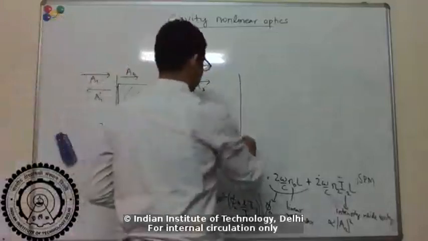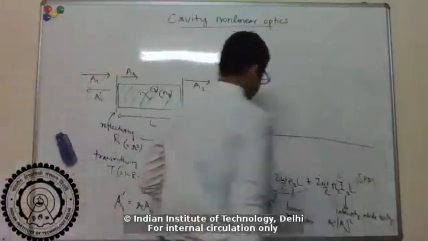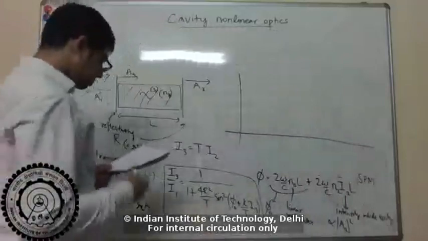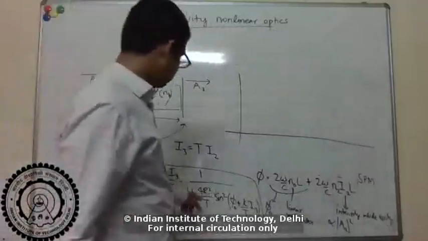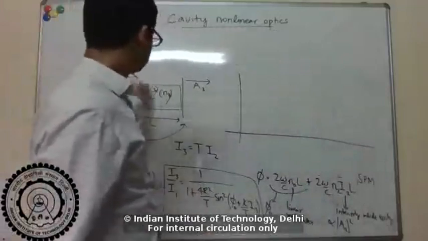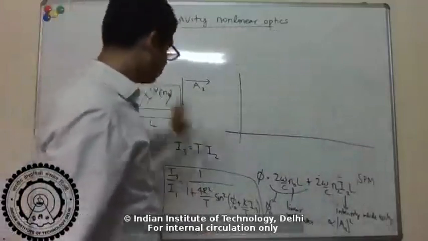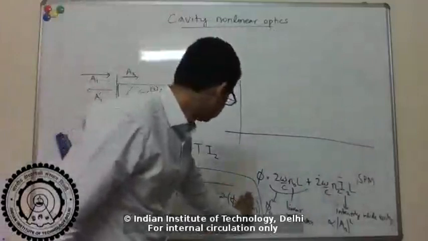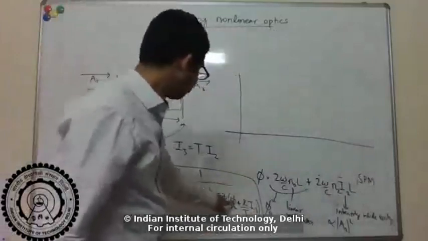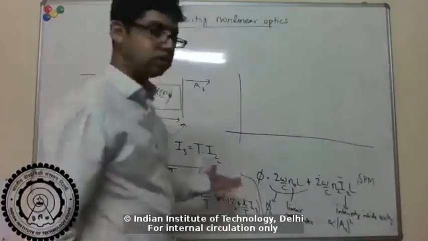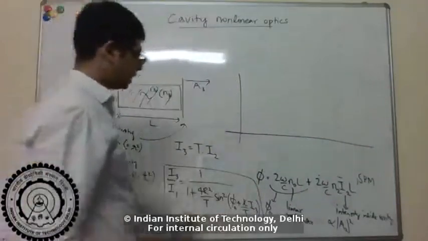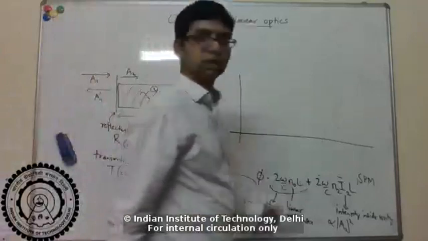Right, so if I graphically plot this, so typically in a linear medium, of course, this chi3 is neglected, so N2 is 0, right? So this term is not there. You just have the transmitted intensity as a function of this phase phi naught, right? Which can depend on the frequency or length.